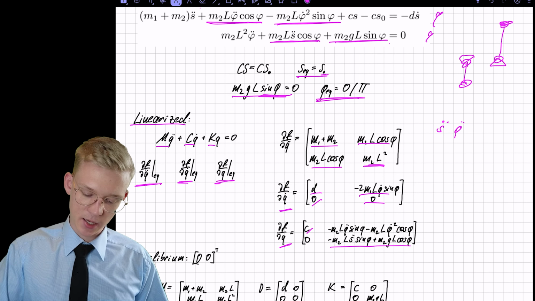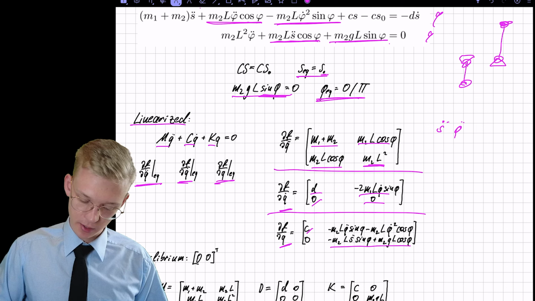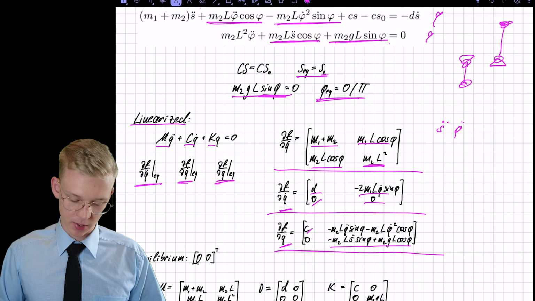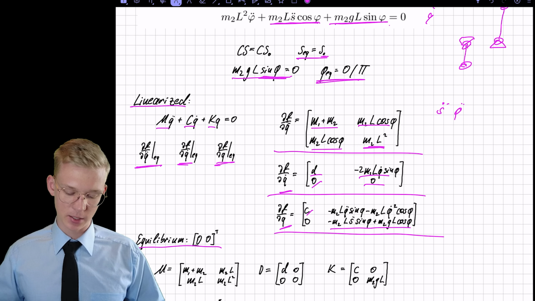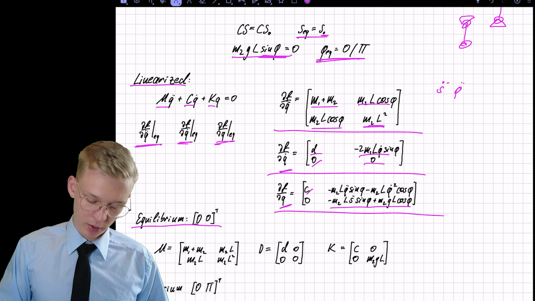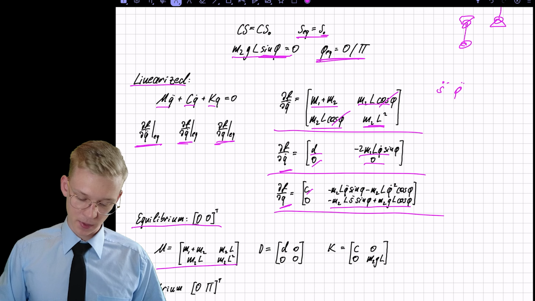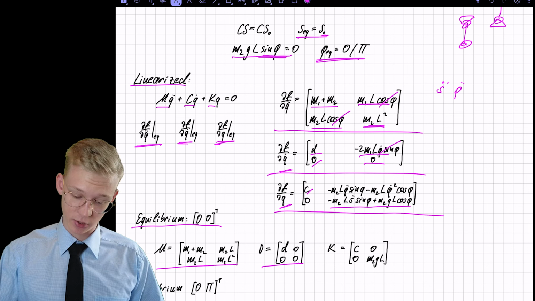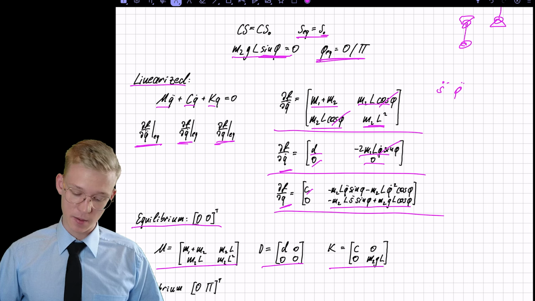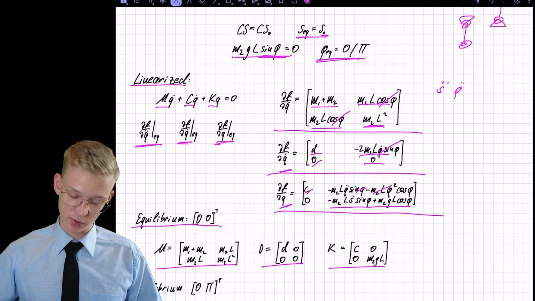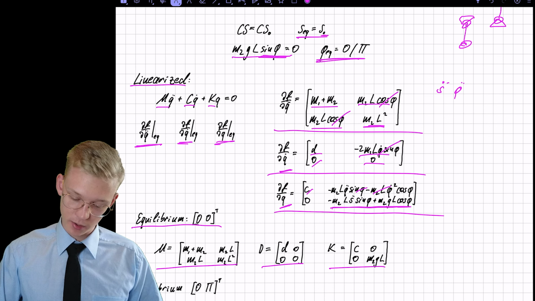And now this is just a general K, C, and M matrix, but we need that at an equilibrium position, and we choose equilibrium 0, 0. So what we are left with is the mass matrix, the cosine turns to 1, the D matrix where sine turns to 0, and the K matrix where cosine and sine turn to 0, and we are only left with this part.